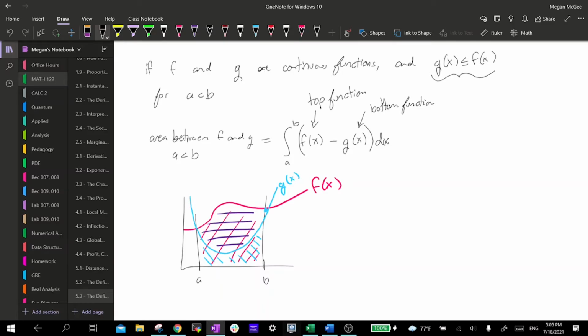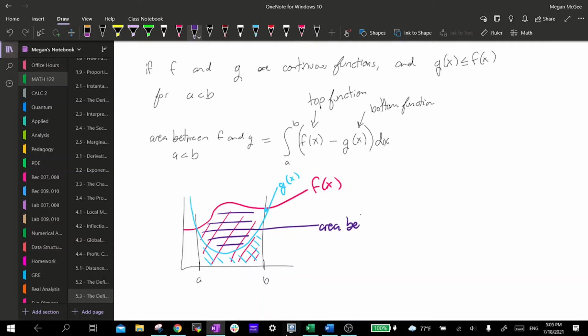Okay, we can also look at our graph and just kind of intuitively think, well, f of x seems to be on top of g of x between these 2 points. Okay, so that's how we can choose our top function. And so we just need the total area that f would give us minus the total area that g would give us. Okay? And that's how we're going to find the area between the 2 functions.